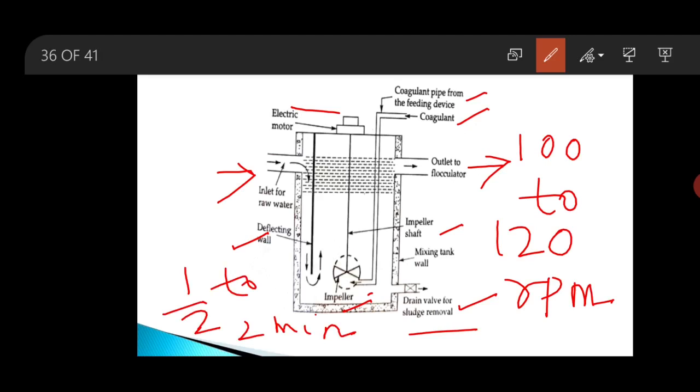So here in the flash mixer the water is vigorously mixed with the coagulant, and then from this outlet valve the water is taken to the flocculator for gentle or slow mixing. So this is all about the flash mixer.